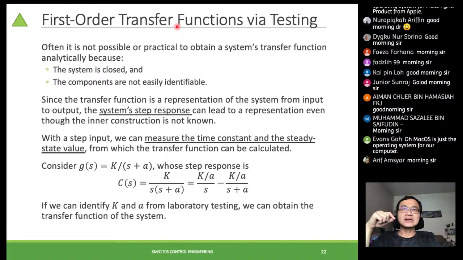So let's say this is the device that you intend to find the transfer function of. You give a 1 over s signal to it. Let's say maybe you want to know how fast it responds to movement.